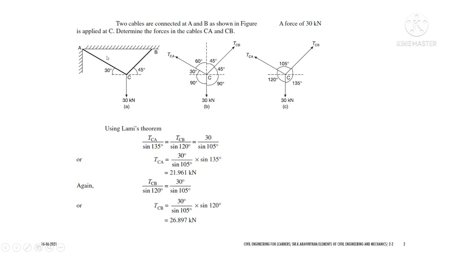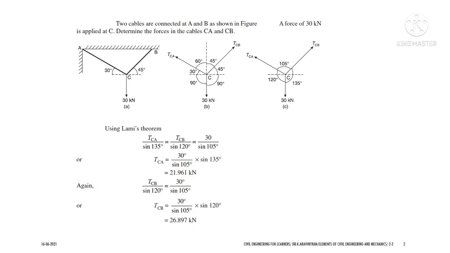So your intention is to make this cable a stable one, and you have to hang this 30 kilonewton load. 30 kilonewton is 30,000 newton, and that is about 3000 kilogram. So 3000 kilogram is a huge weight.